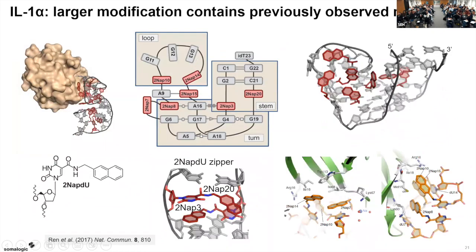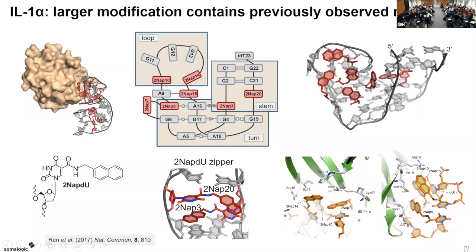interactions. In the interest of time, the next one is IL-1 alpha. This is one of the most tightly folded globular sonomers that we have. It has a slightly larger naphtho group, which I also draw your attention to. There is another zipper motif, but in this case with a different side chain, so it's clearly a recurring theme.